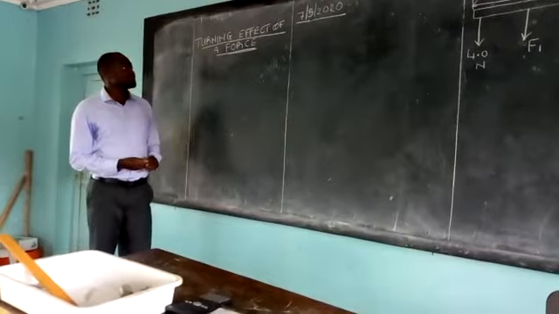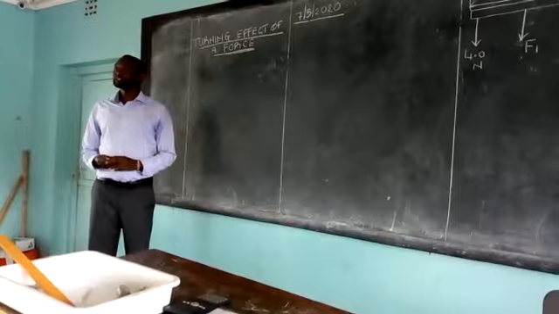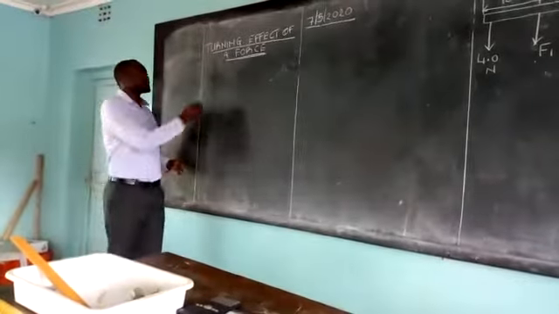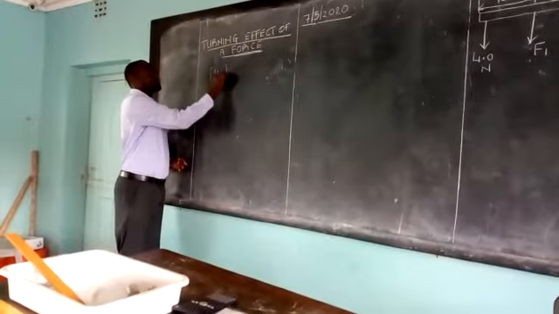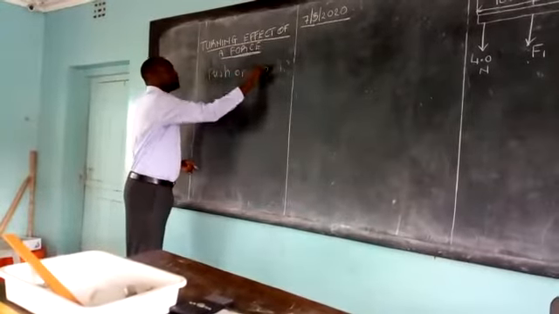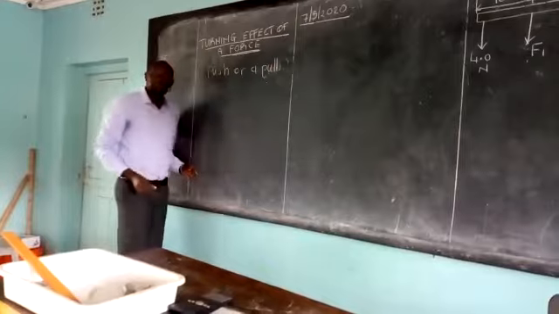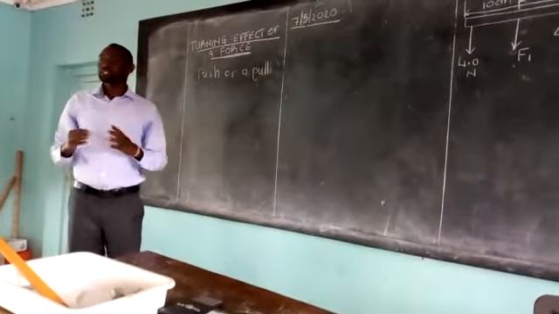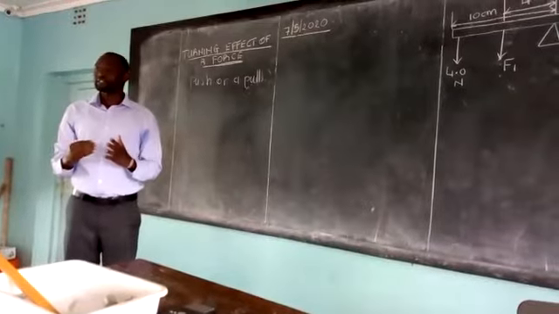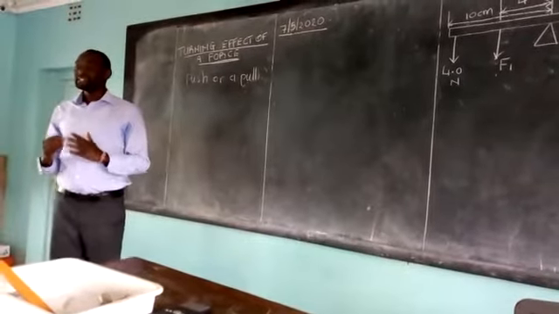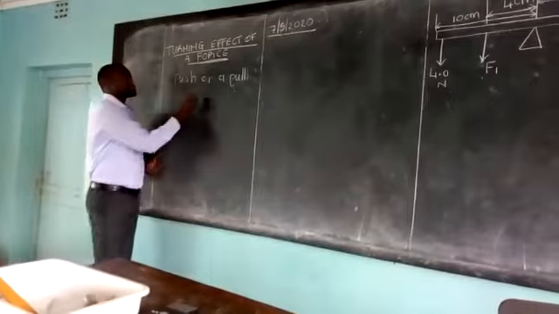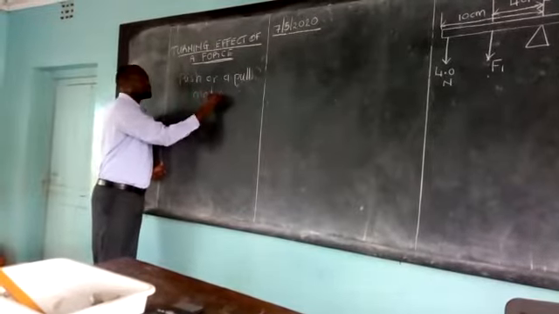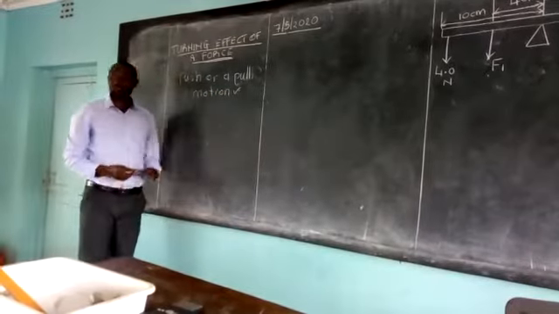In Form 1, we looked at the topic of force in general, and we found that force is a push or a pull. We were also able to see various ways in which a force affects a body. Generally, we found that a force affects the motion of a body in various ways.